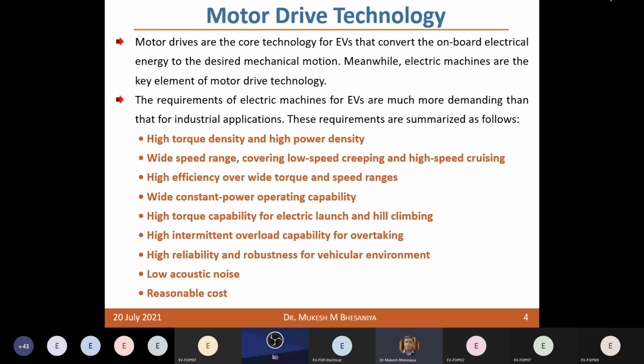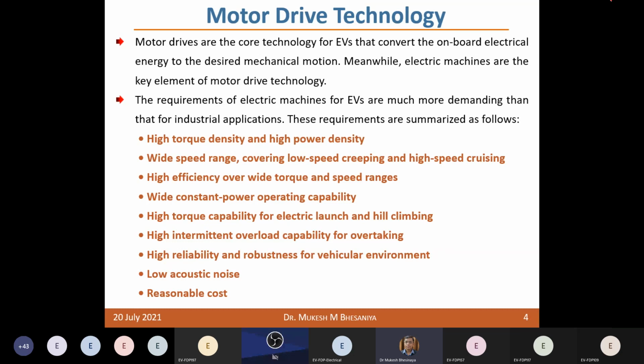One technology is the DC motor drive, because these motors are powered through a battery, right? And the battery has a DC voltage, so you just have an interface of a DC-DC converter between the battery and the motor. You can regulate the voltage with the use of that DC-DC converter, right?